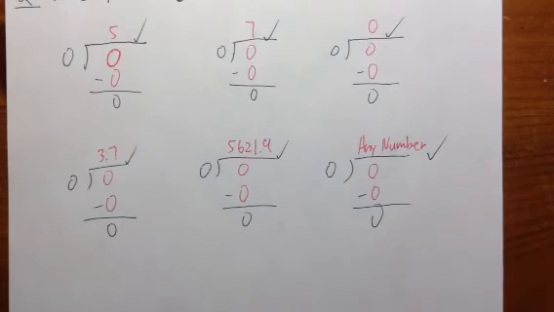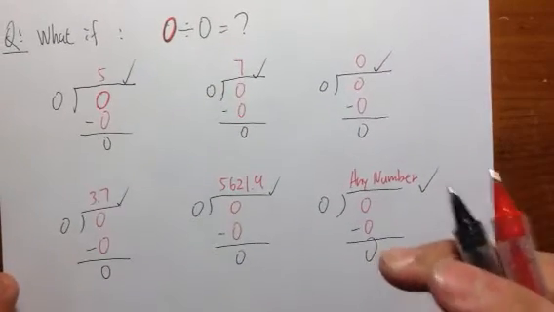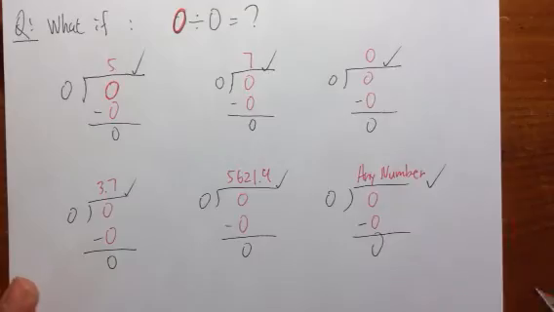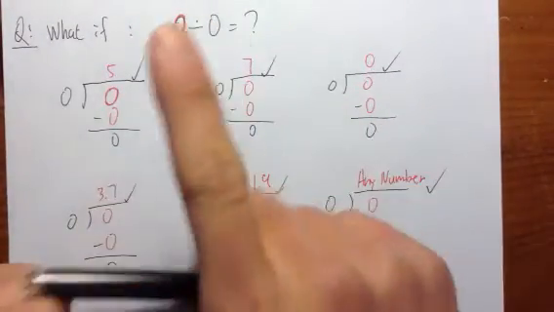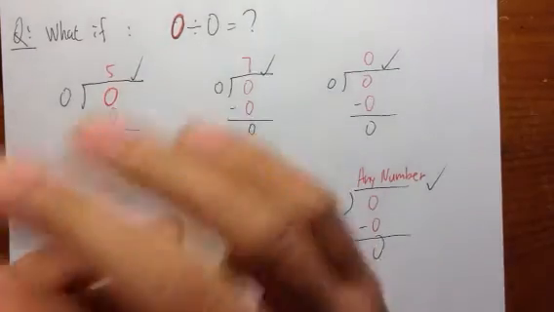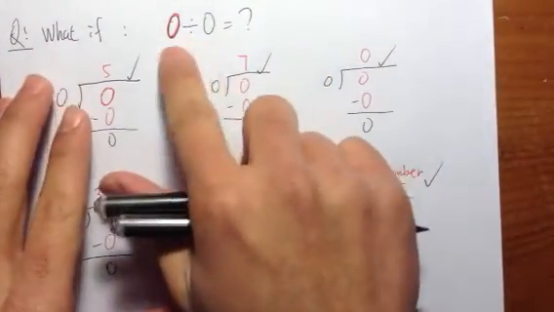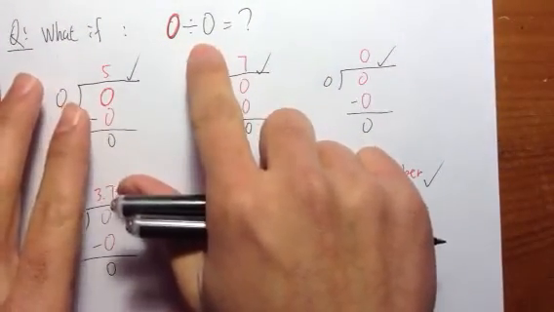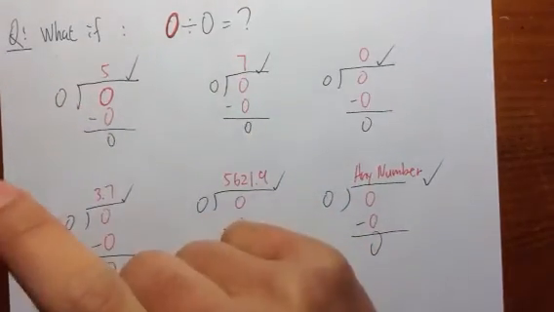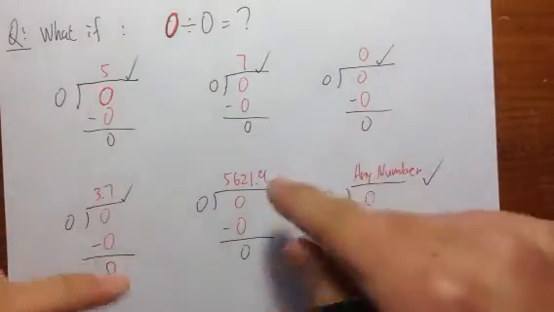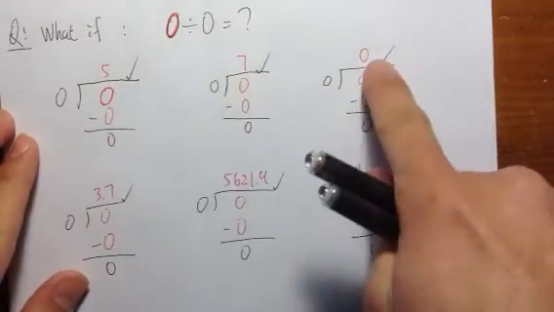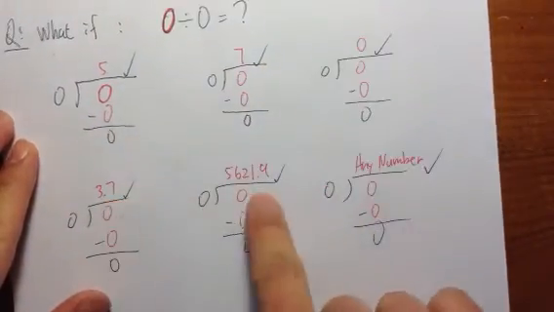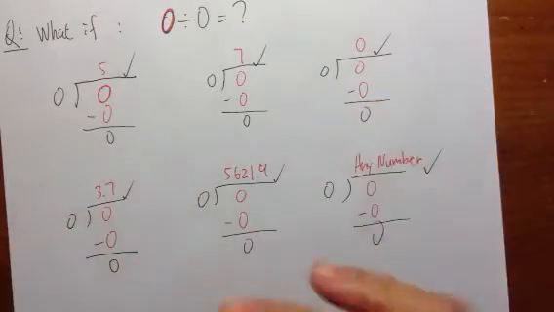Any number will make this work. However, when you are doing a calculation, you can only have at most one answer, right? In this case, we have so many answers. It could be 5, it could be 7, it could be 0, it could be 3.7, it can be anything, right?